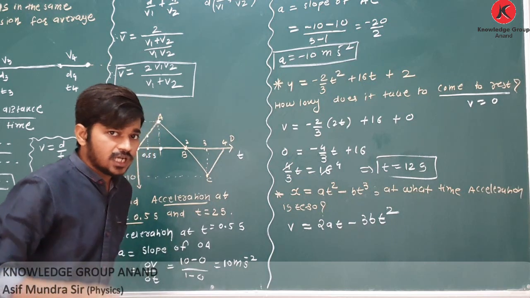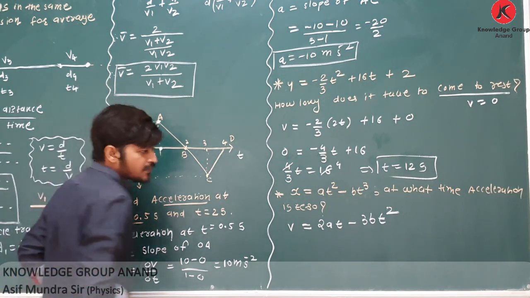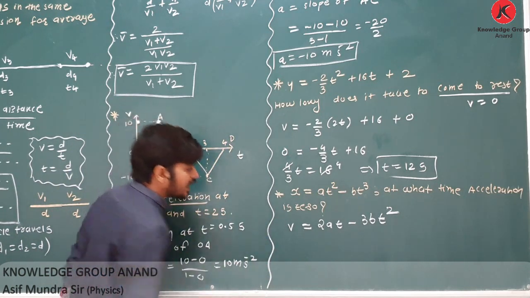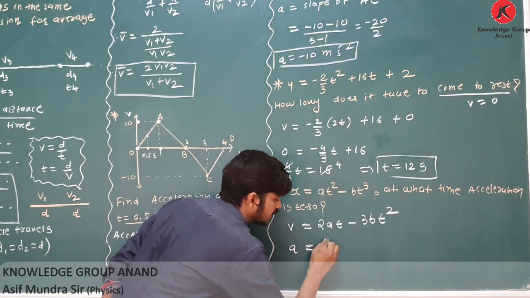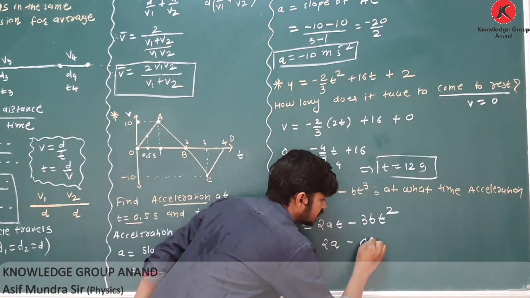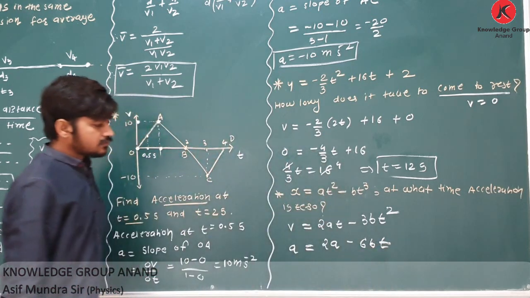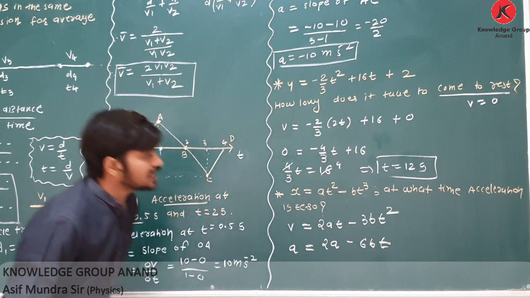In differentiation, again if you have any problem, send me doubts on my WhatsApp number. It is velocity. How to find acceleration? A is equal to the differentiation of velocity. 16t, what is its differentiation? It is 16. 3bt square, what is its differentiation? It is 6bt. Now you have to find at what time acceleration is 0.